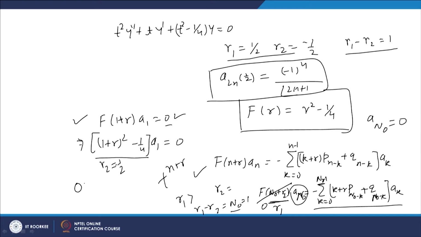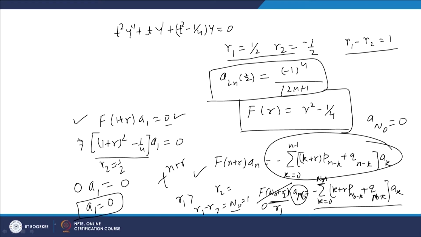So, it is 0 times a1 equal to 0. In this particular example the right hand side is already 0, so I can take a1 as any value, in particular I am taking the value of a1 as 0. So, it means that here we have the second series solution in the Frobenius form.